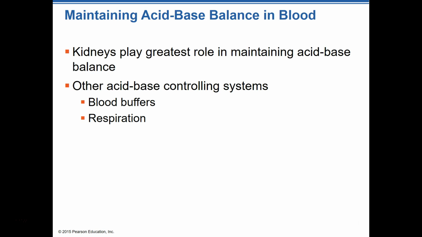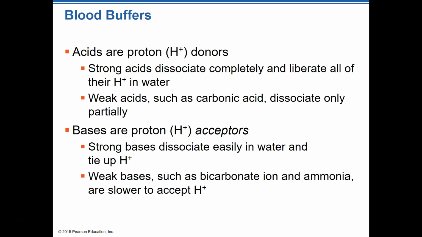Other systems, of course, are blood buffers, bicarbonate that's normally in our blood, and respirations. Of course, you know what bicarbonate is. I don't know if any of you guys know that. Next time you're at the grocery store, pick up a box of baking soda and look at what's in it. It's made of sodium bicarbonate, which is the exact same thing that's in our blood that acts as the buffer in the buffer system. So I'm just saying.